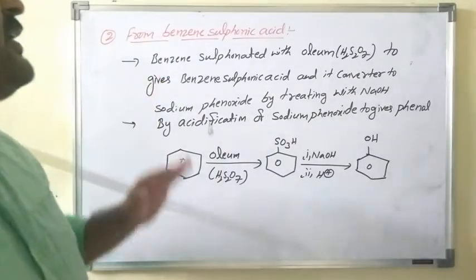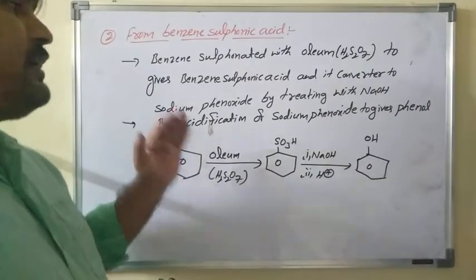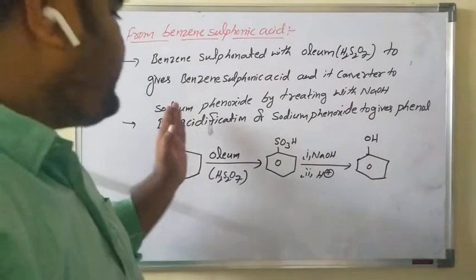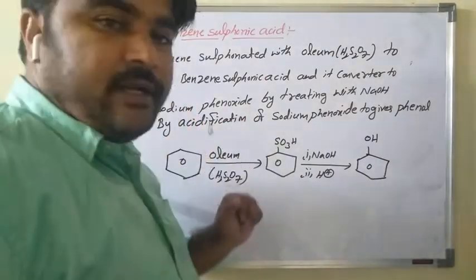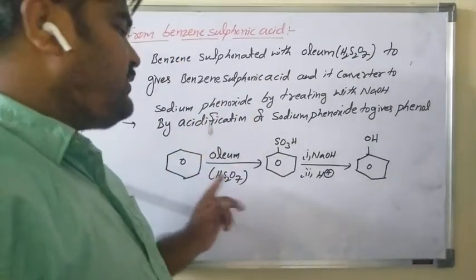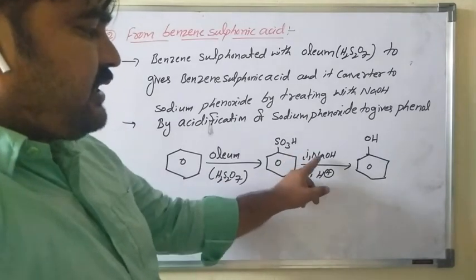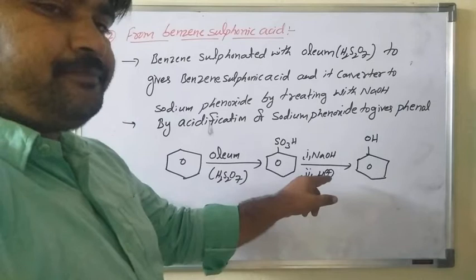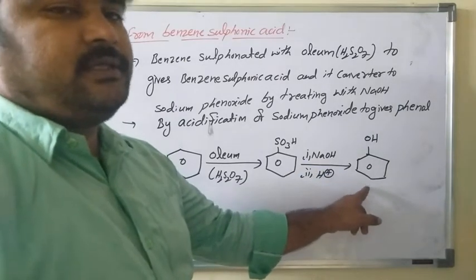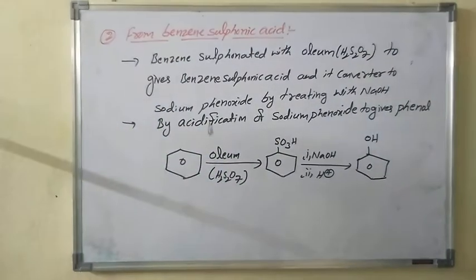So benzene is sulfonated with oleum to give benzene sulfonic acid, and it is converted to sodium phenoxide by treating with sodium hydroxide. By acidification of sodium phenoxide, it gives phenol. Whenever benzene sulfonic acid reacts with sodium hydroxide, sodium phenoxide forms, then acidic medium gives the phenols. Is it clear? Okay.